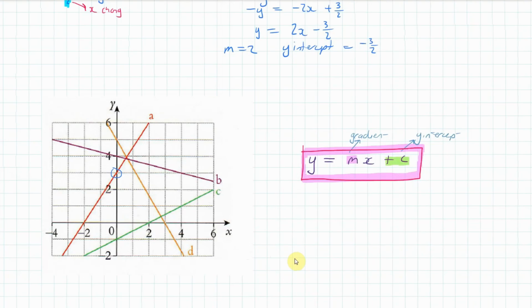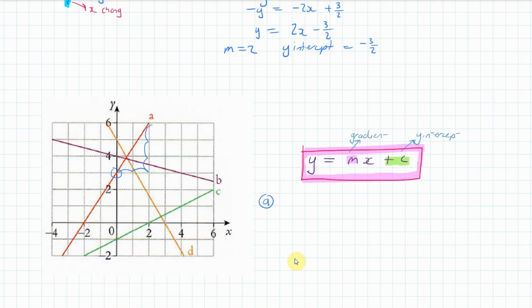And you can see that the gradient, every time I go across 1, I go up 1.5. Or another way of thinking about it, every time I go across 2, I go up 3. 1, 2, 3. So let's try this out.